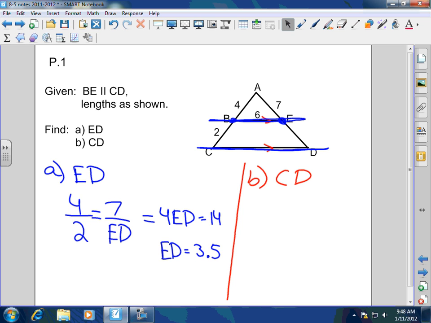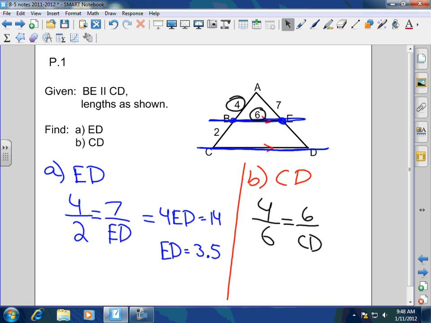Hint, hint. We're not using side splitter anymore. Yes, sir. 4 over 6. Fantastic. It'd be 4 to 6. So I took this 4, small triangle, to the other side of the small triangle, equals 6 to CD.